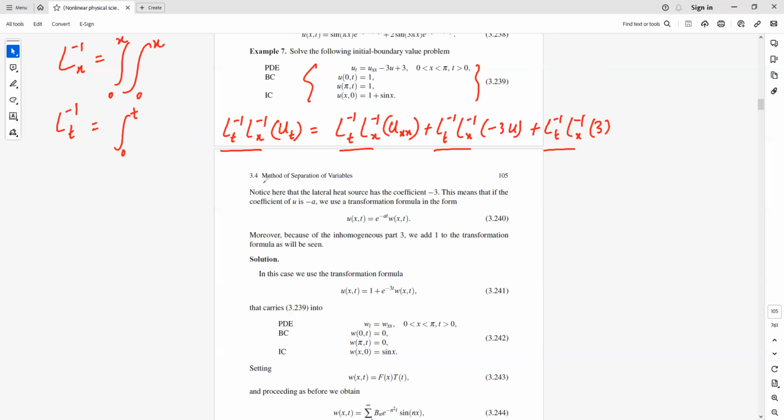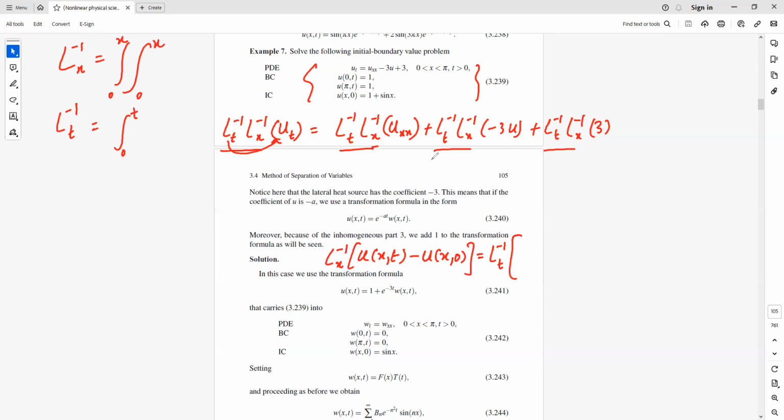Now when we apply this inverse operator, if we apply LT inverse on the U_t term while keeping the LX inverse operator, we can write LX inverse applied on LT inverse applied on U_t. So LT inverse applied on U_t gives U(x,t) minus U(x,0). On the right hand side, first we apply the LX inverse operator, keeping LT inverse outside.